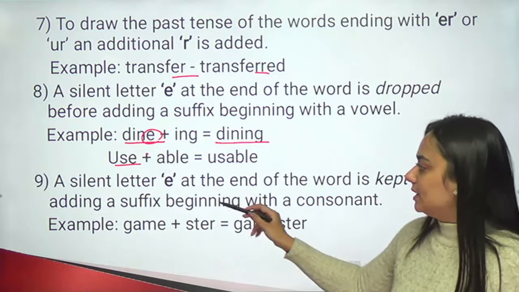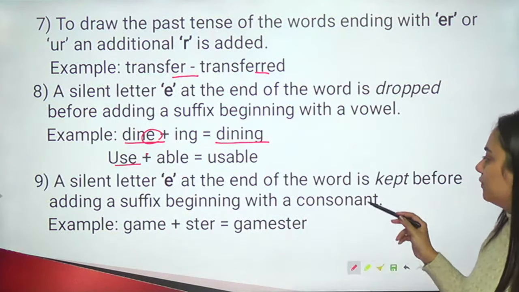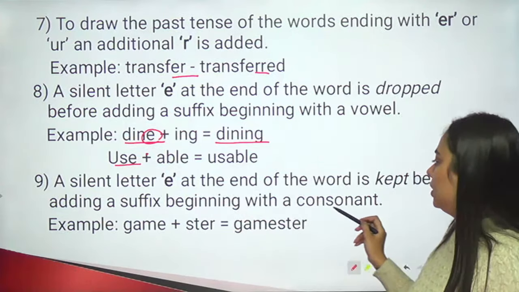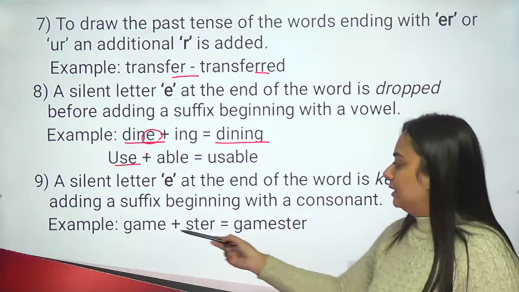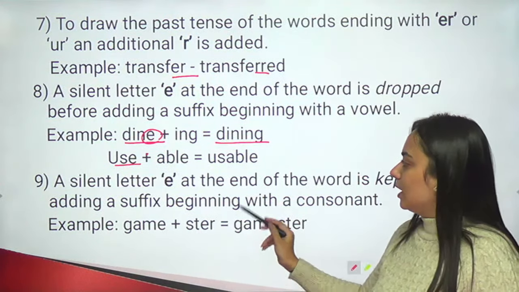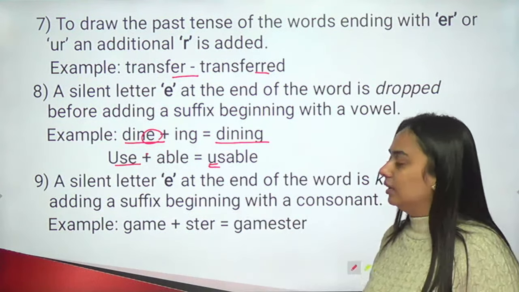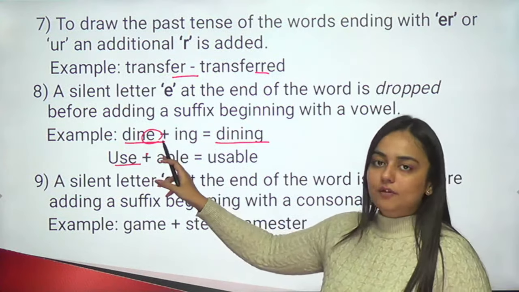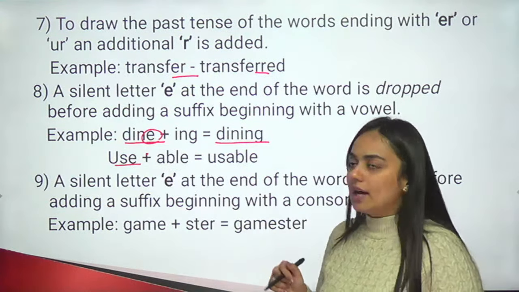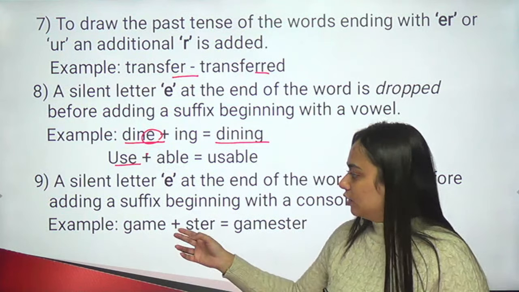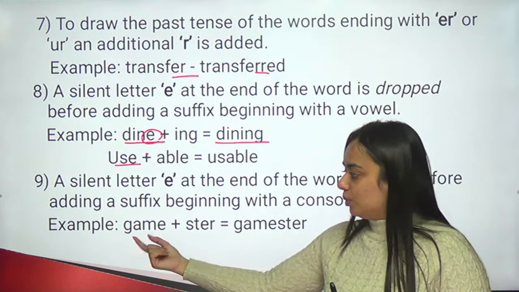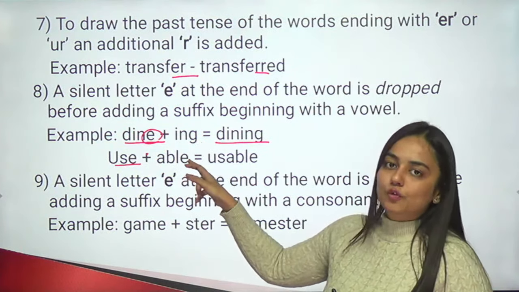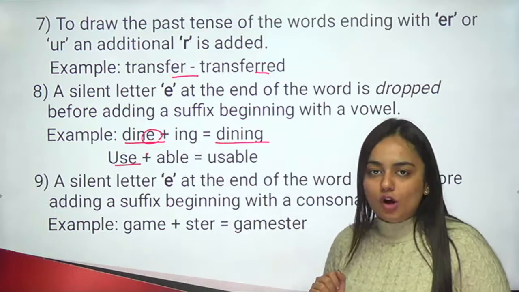A silent letter E at the end of the word is kept before adding a suffix beginning with a consonant. Game plus ster. अब यहाँ पर the next word, here we were adding two words. The first word was ending in E. Similarly, here also the last letter of the first word is E. But यहाँ पर when we were adding suffixes, these suffixes were starting with a vowel.